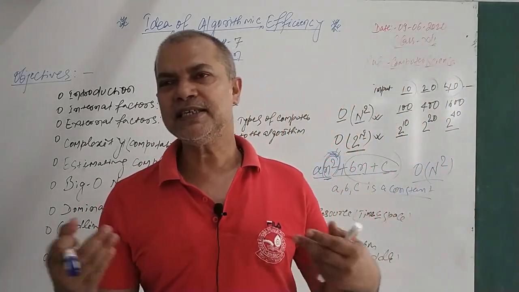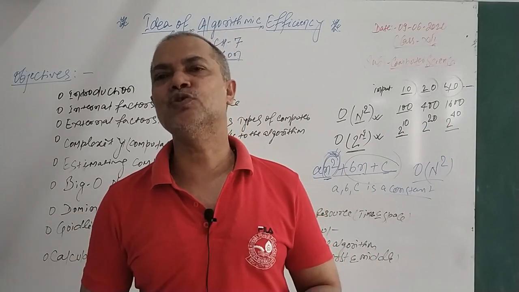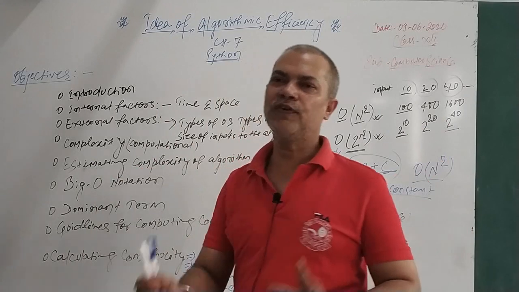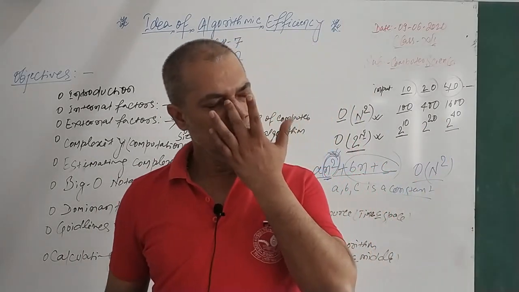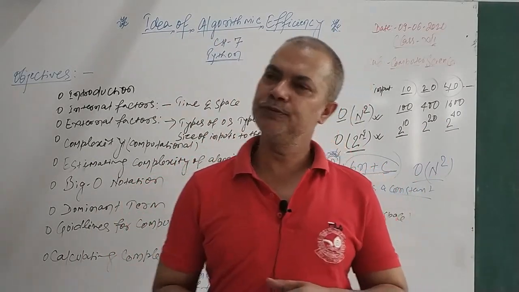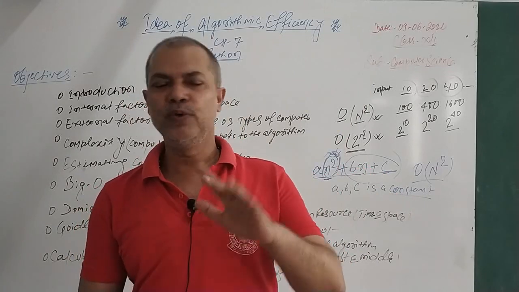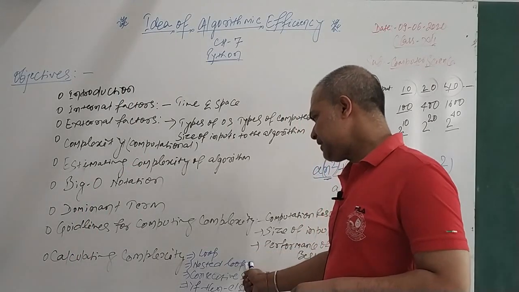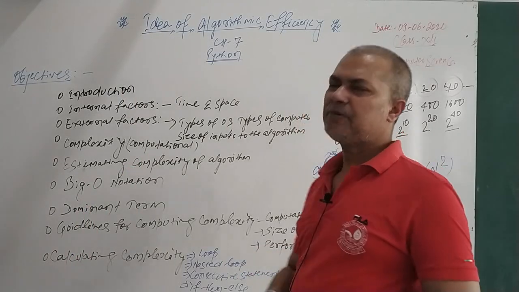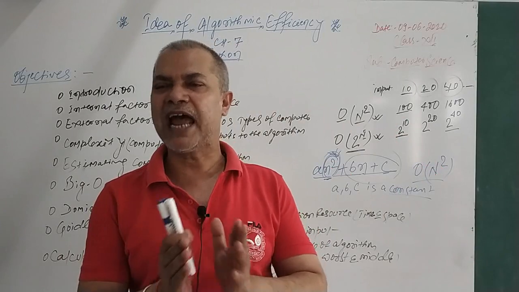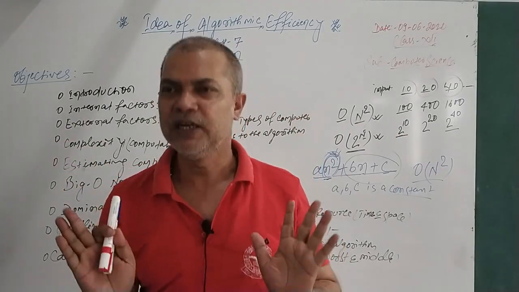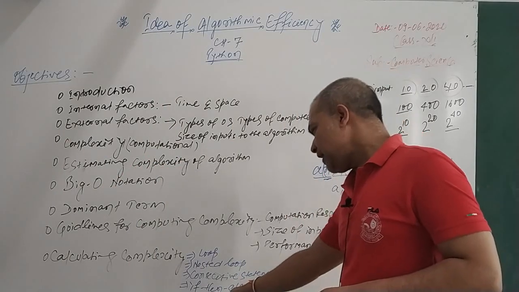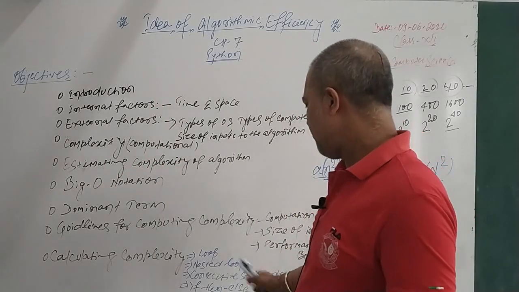Now on what basis, and what are the things we should check or calculate for the complexities of an algorithm? In our program we may have a loop, we may have a nested loop, we may have an if-then-else. These are the factors, as you can see: loop, nested loop, and then consecutive statements, the statements that execute continuously. If-then-else I've already talked about, and last is logarithmic complexity.